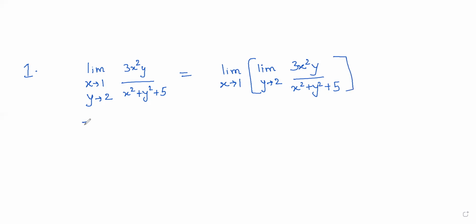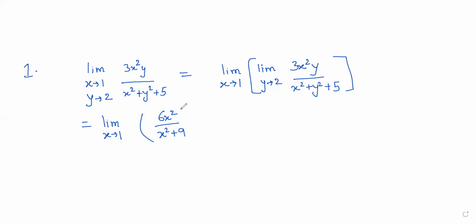First we apply limit y tends to 2. In place of y we write 2. Inside we get 3 into 2, which is 6, so 6x². And below we get x² + 4 + 5, that is x² + 9.